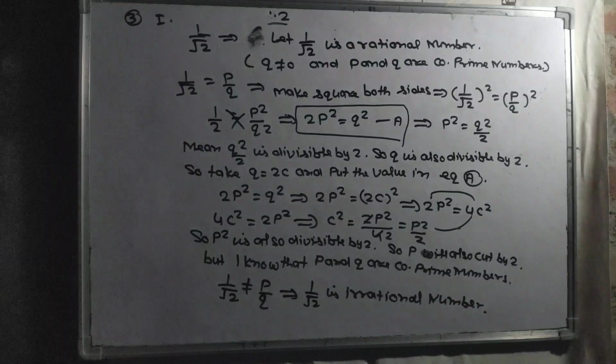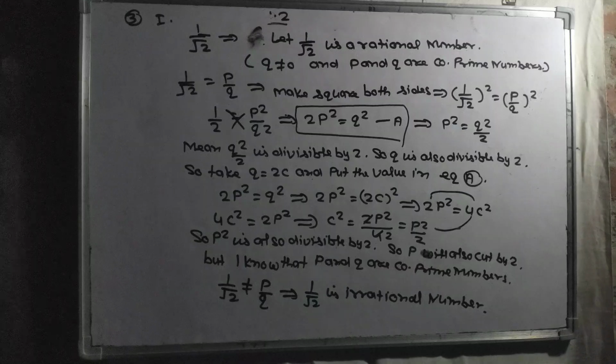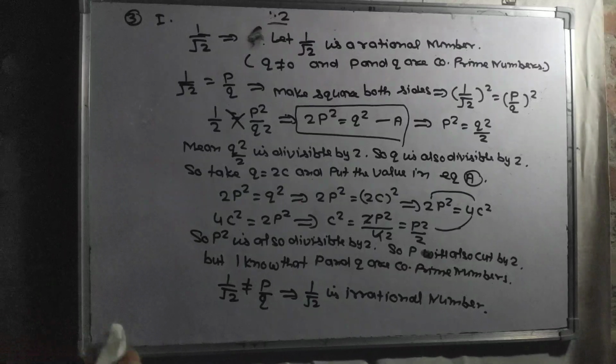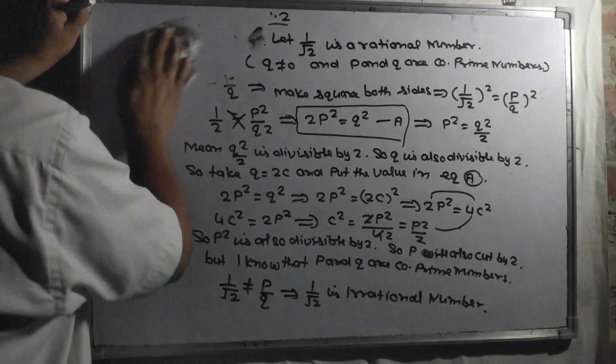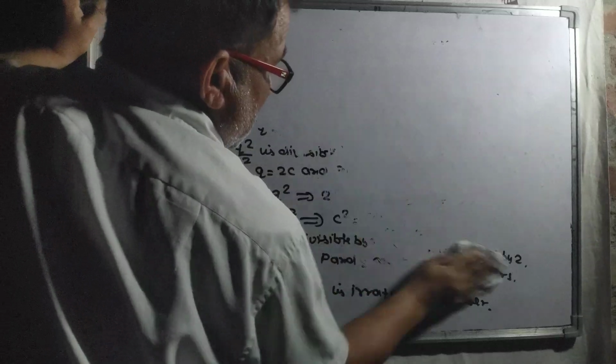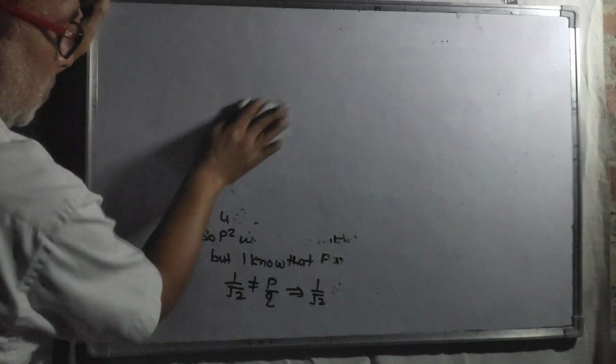Second part. Question 3, part 2: 7 root 5.